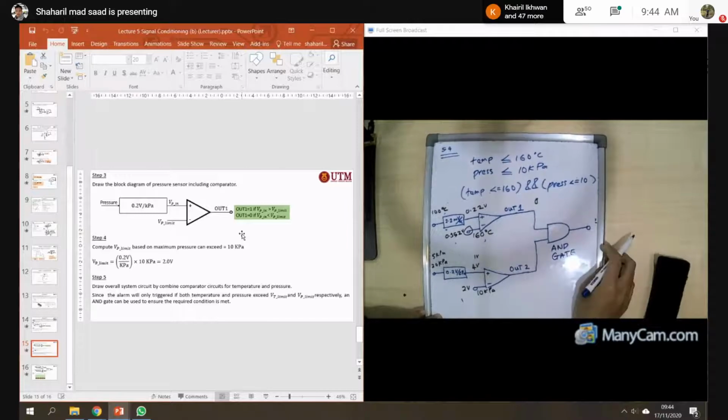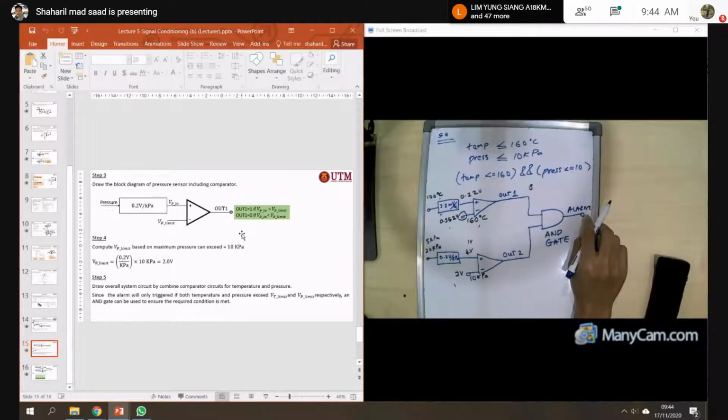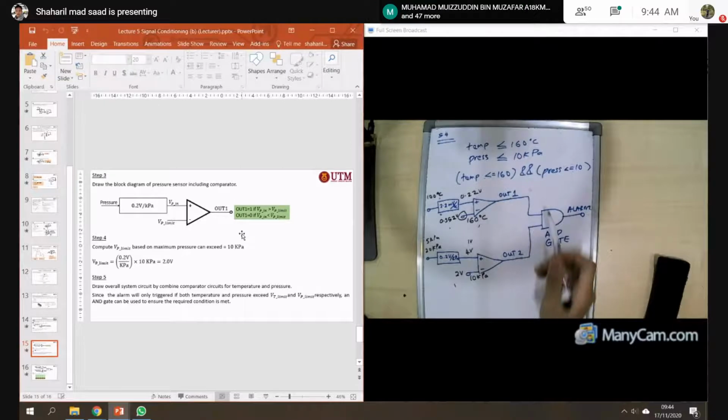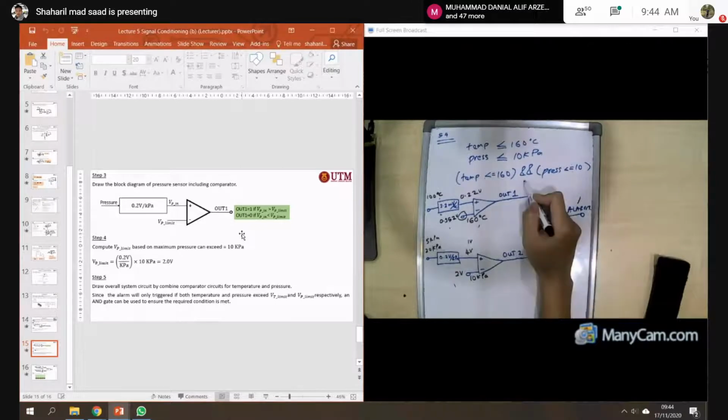Then the output is the alarm. This alarm will be triggered if output 1 and output 2 are equal to 1. That means 1, 1, this alarm gives 1.